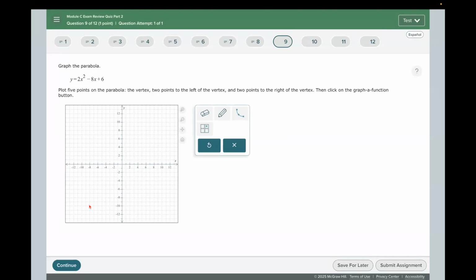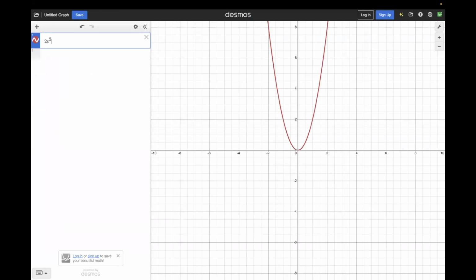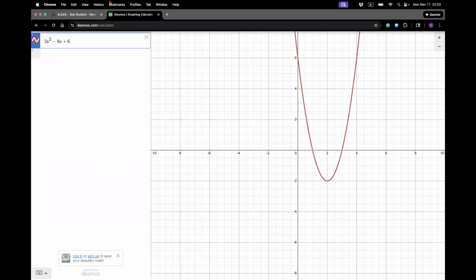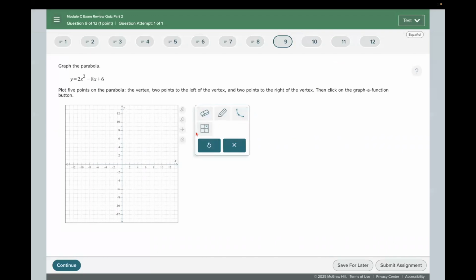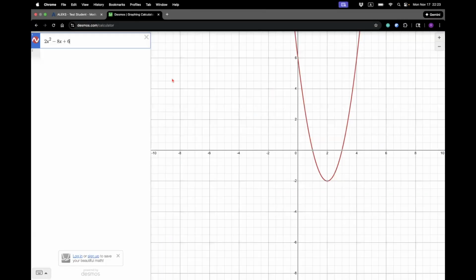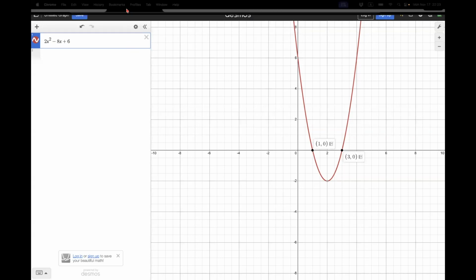All right, we have 2x squared minus 8x plus 6. Vertex is at 2, negative 2. So let's plot 2, negative 2. Good. And then let's do 2 points to the left. So we have 1, 0, and 3, 0.